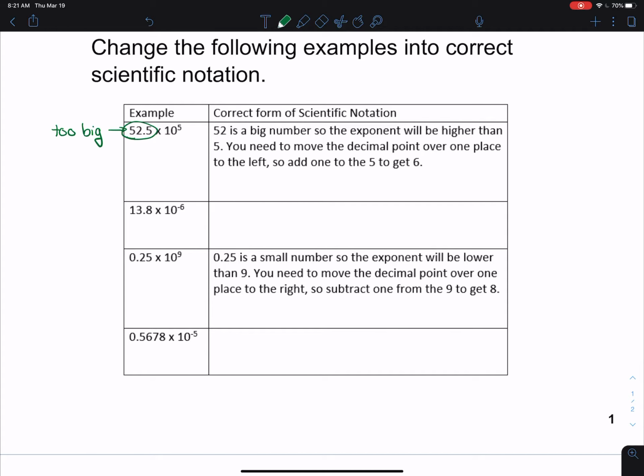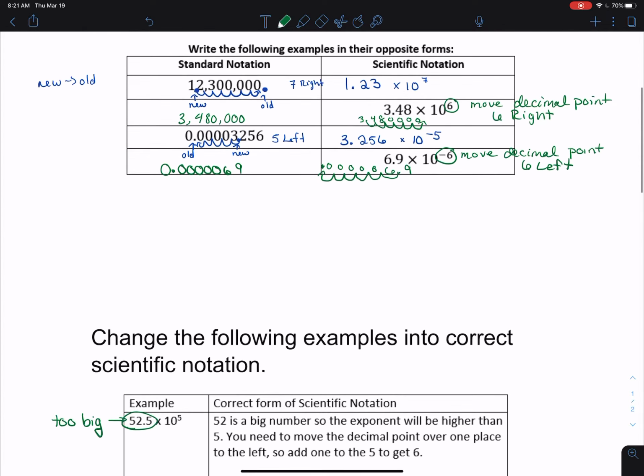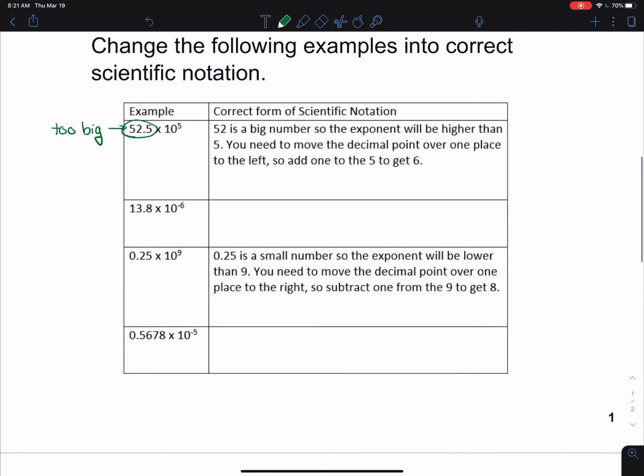Remember that form for scientific notation, we can only have one digit between 1 and 9 in front of that decimal point. So I really want to have 5.25 times 10 to the something to get this in scientific notation. Because I'm moving that decimal point one space to the left, I need to add 1 to that exponent of 5, which gives me 5.25 times 10 to the 6th power.